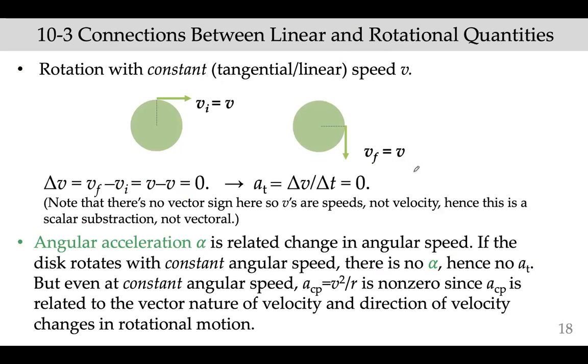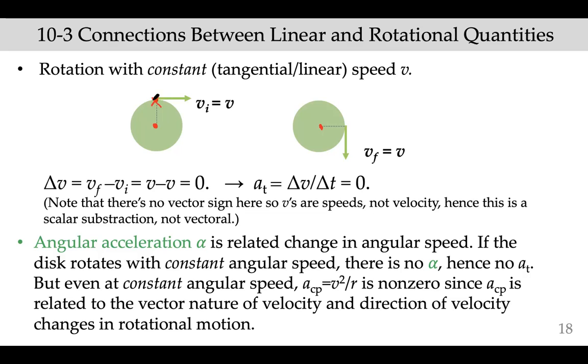So rotation with constant speed. Again, if I don't say angular, that means linear speed. Okay. So we have this object. Let's say it's rotating around its center. So let's take a snapshot, take a picture of that object at different times. Let's say initially we take a picture of this point. Let's say we are interested in this cross.